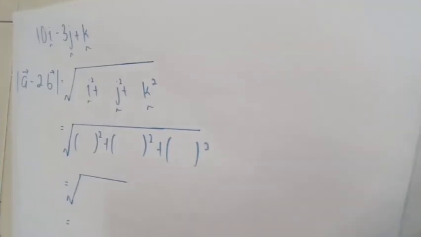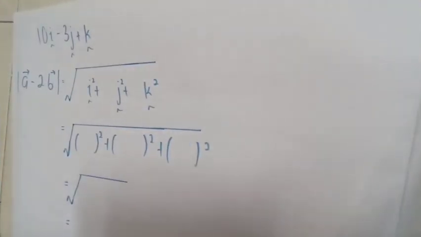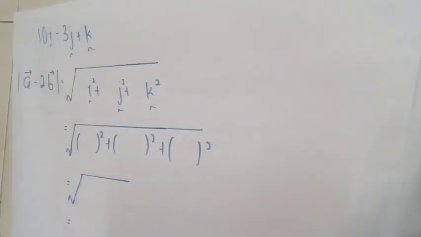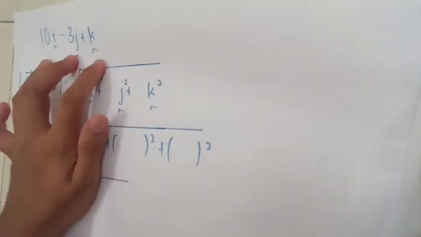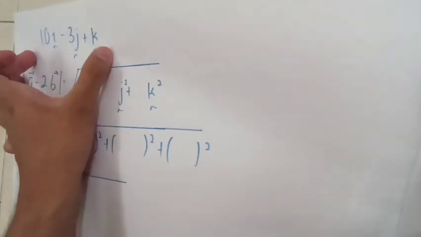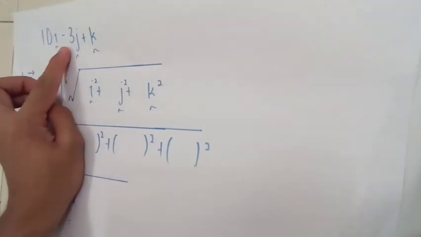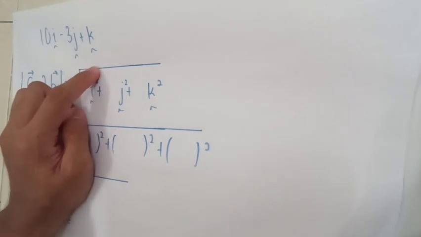Okay, moving on to the next part: the question asked us to find the magnitude first. I have taken the value from the previous solution, which is 10i minus 3j plus k.